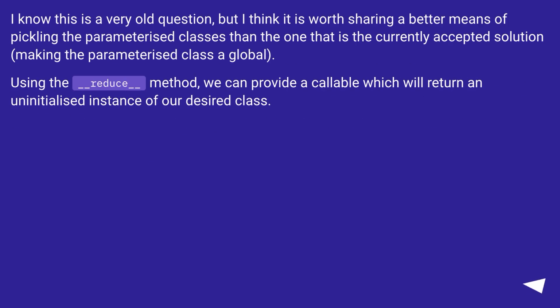I know this is a very old question, but I think it is worth sharing a better means of pickling the parameterized classes than the one that is the currently accepted solution, making the parameterized class a global. Using the __reduce__ method, we can provide a callable which will return an uninitialized instance of our desired class.